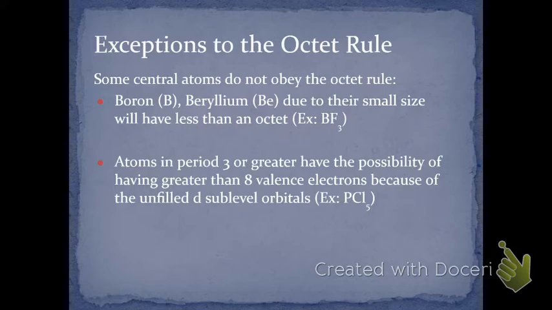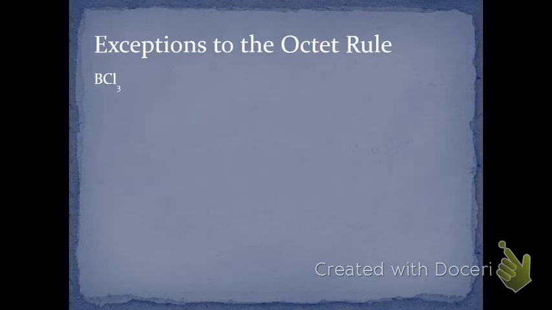Let's do some examples. This first one is BCl3. B has 3 valence electrons, and chlorine has 7.